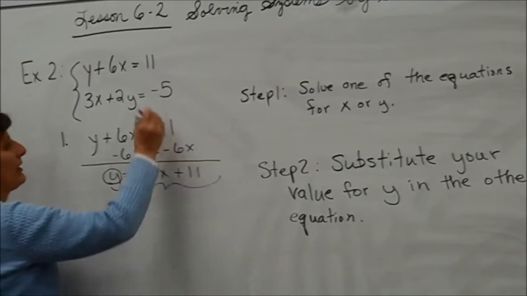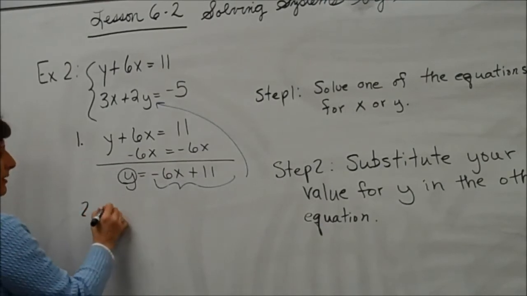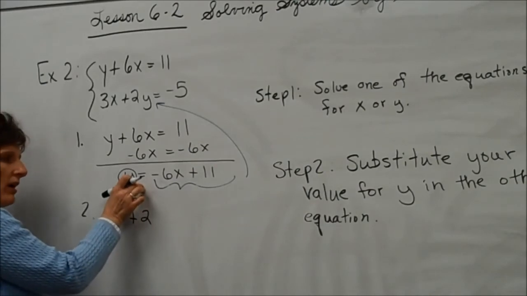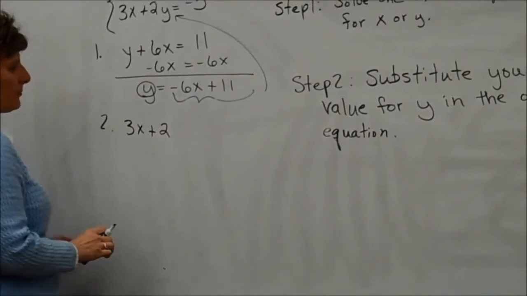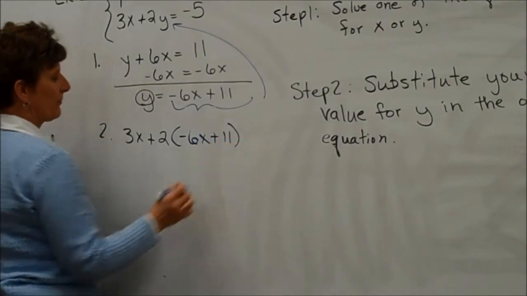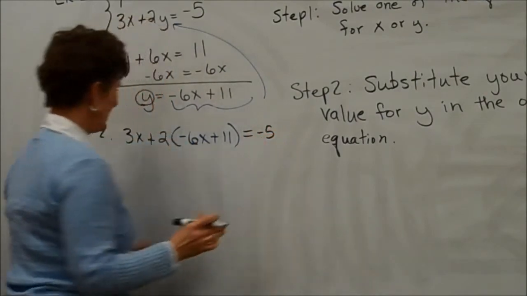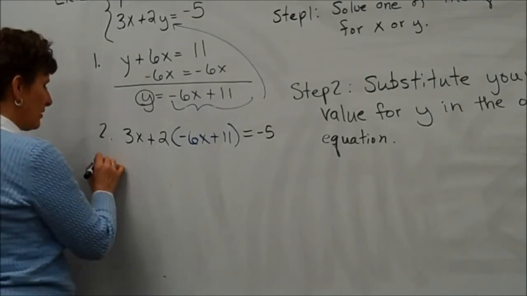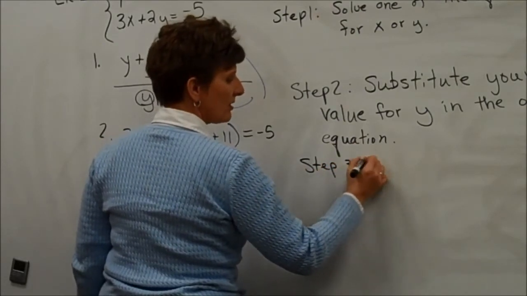I'm going to put it in for this y up here. 3x plus 2 times, I'm going to use y equals -6x plus 11. So instead of putting the y here, I'm putting in -6x plus 11 equals -5. Now this looks like a complicated equation, but all I do now is use my rules for simplifying. So step 3 is simplify.